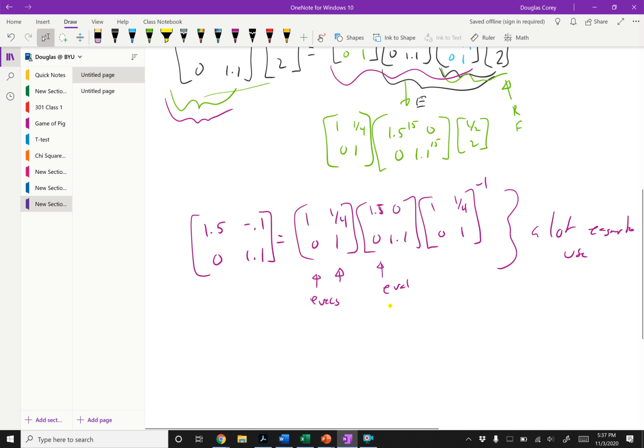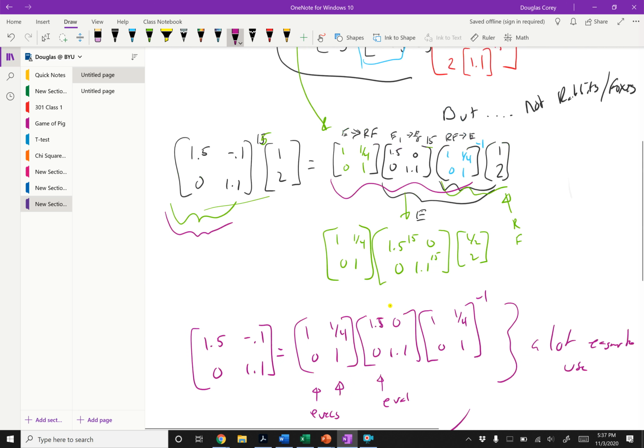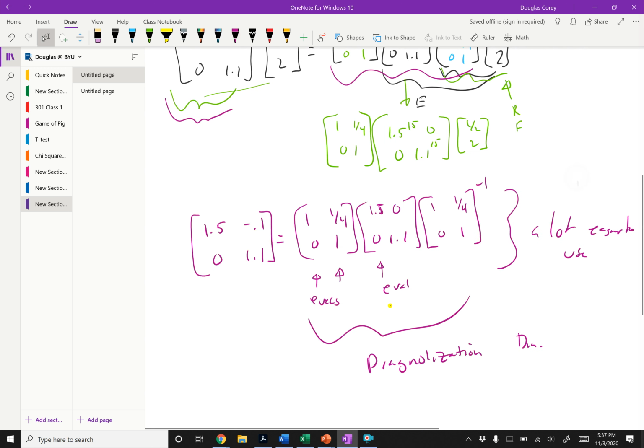So this is called diagonalization. I don't know how to spell that. I used to just write DIA when I was in grad school for diagonalizable or diagonalization. So this is a diagonalization, and we've already seen places where it helps us a lot.